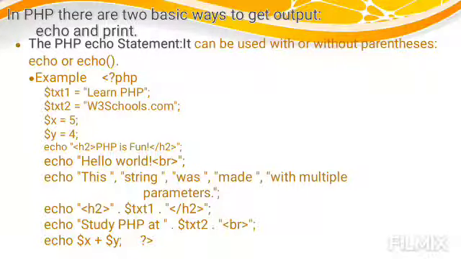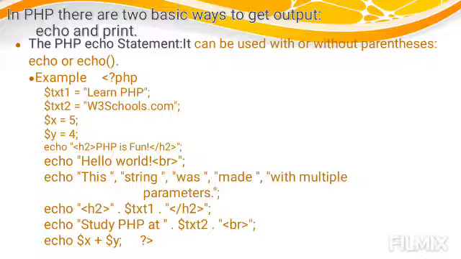The dot operator is used here for concatenation. Suppose I have a variable $text2 equal to w3schools.com. Then I have an echo statement: echo study PHP at, dot, $text2. This will print study PHP at w3schools.com.